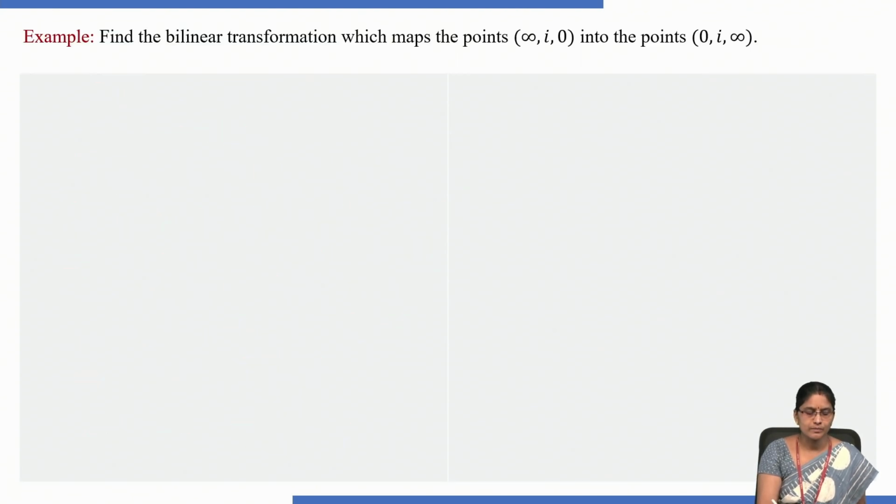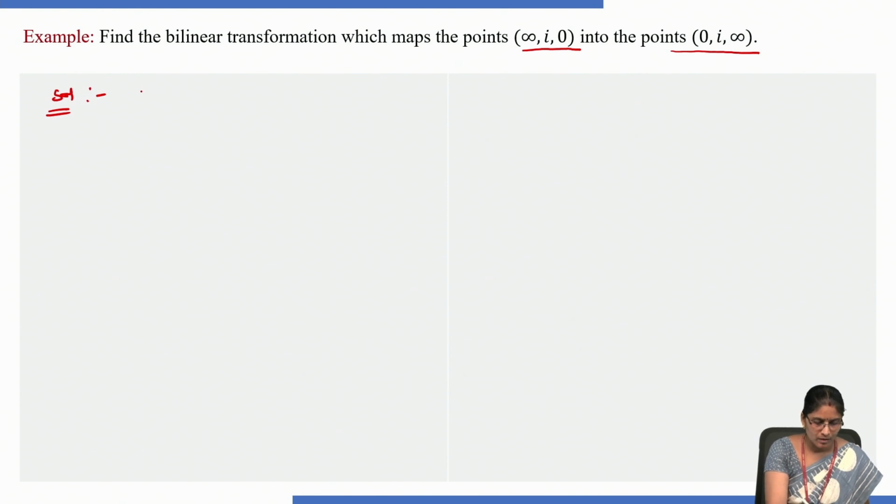See another example. Find the bilinear transformation which maps the points infinity, i, 0 into the points 0, i, infinity. Here also we have to find out the bilinear transformation. Points are given infinity, i, 0 and 0, i, infinity.